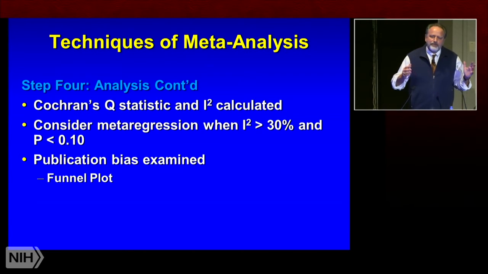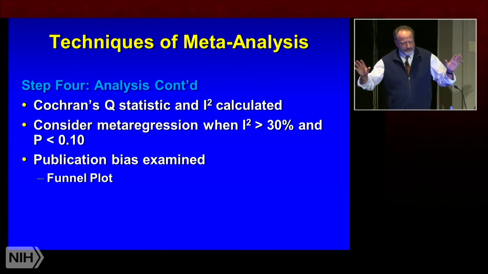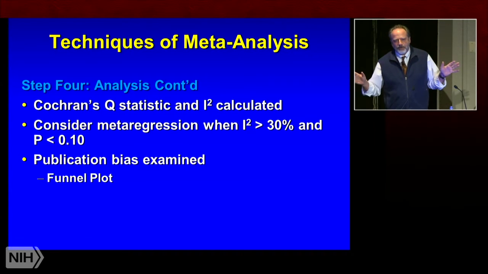Now, that isn't completely true. What I was talking about is a qualitative interaction. That's the term that's used. That means some studies are on one side being beneficial and on the other side being harmful. You should never combine those kind of studies. And you shouldn't believe a meta-analysis which has a high I-squared.